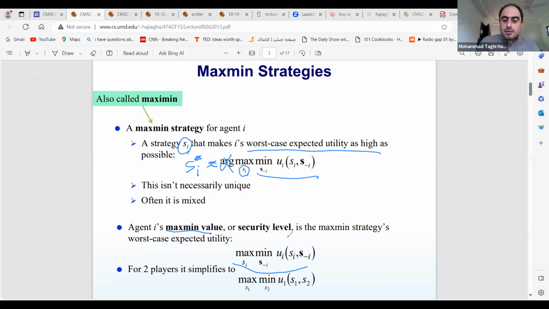So the maximin value, or the security level, is the maximum over all strategies that i can take, of the minimum over the worst case for all others, who try to minimize U_i. For a two-player game, it simplifies to the maximum over s1 of the minimum over s2 of U1(s1, s2), because agent 2 in some sense tries to minimize U1. Good.